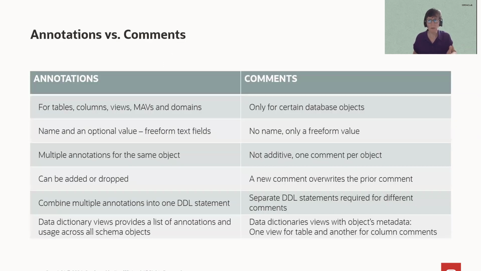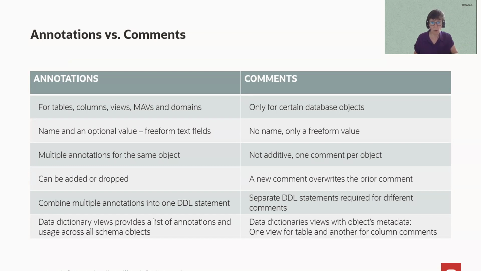What's the difference? You might think, oh, that's the same as comments. No, it's not. It's more than comments, and it's more independent than comments. More schema objects are supported. You have a name and an optional value, not only a free-form thing like in comments. You can have multiple annotations for the same object, as we just saw.